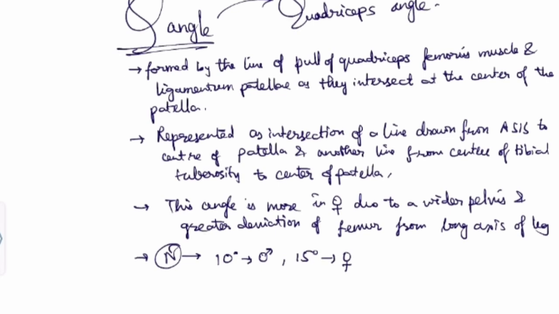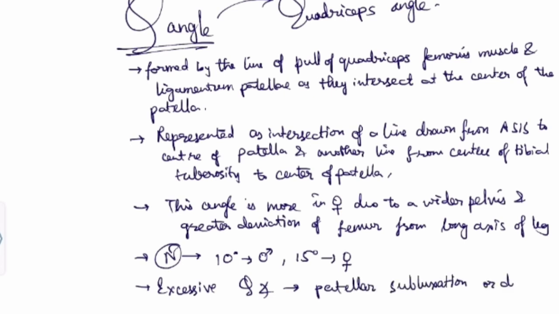What's the clinical importance of this angle? Excessive Q angle means patellar subluxation or dislocation. You don't need to explain much more. Why does it mean that there is a patellar subluxation or dislocation? Because as the Q angle increases, the patella tends to move away more laterally as the quadriceps muscle exerts greater force on the patella. So how to draw this?